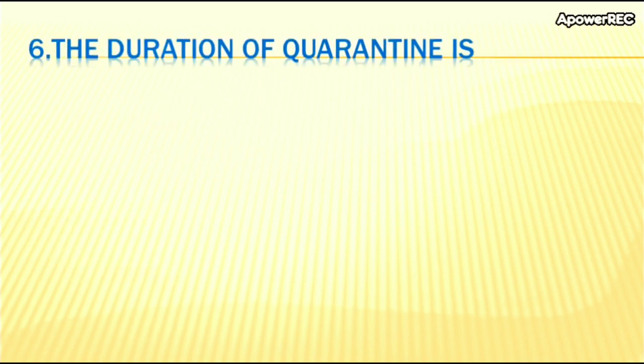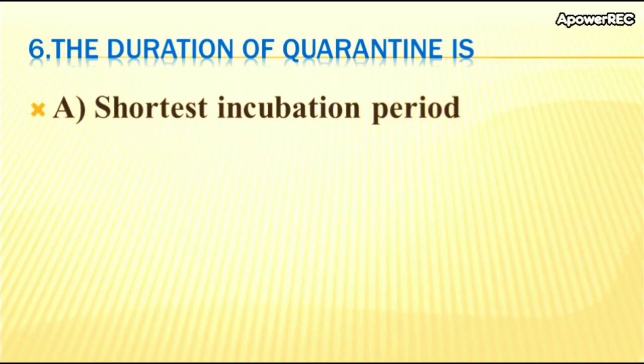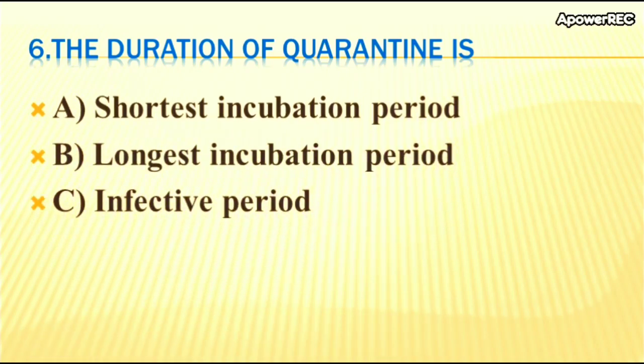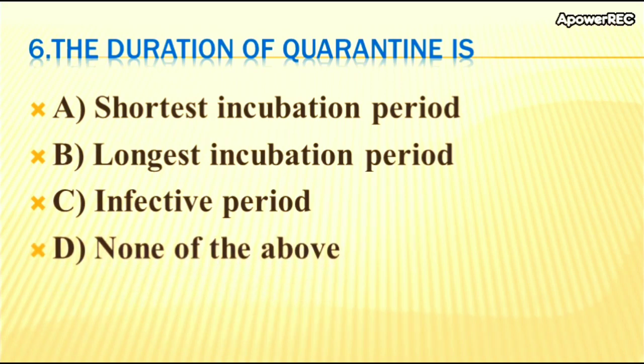The duration of quarantine is: shortest incubation period, longest incubation period, infective period, none of the above. Correct answer is longest incubation period. Longest incubation period is the duration of quarantine.